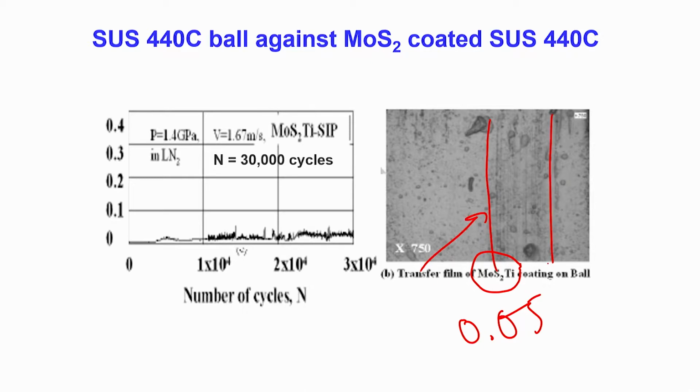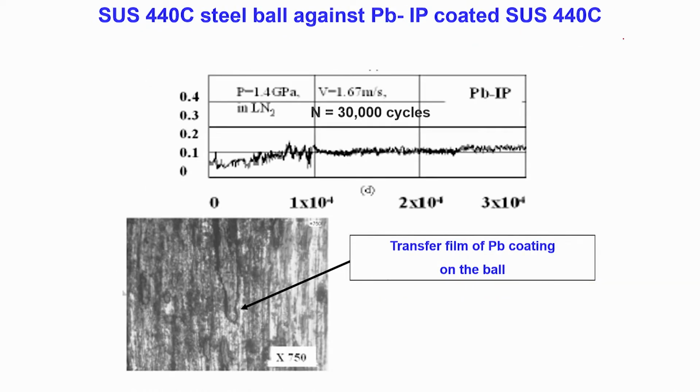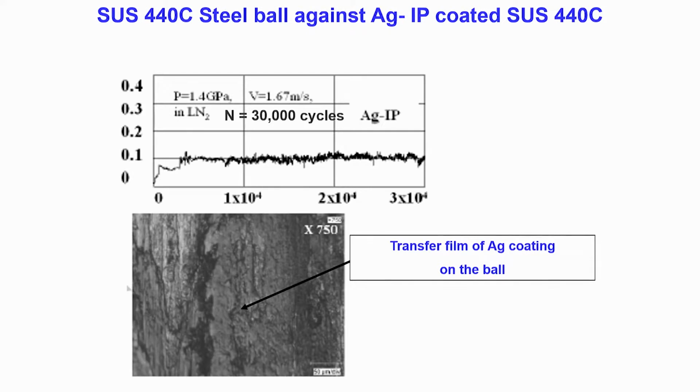This is the wear track here. Similarly, formation of a transfer film from the gold coating on the ball is also observed against stainless steel 440C. The same is true for the lead coatings, which are transferred onto the ball. All these images are taken at certain magnifications of the ball worn surfaces.